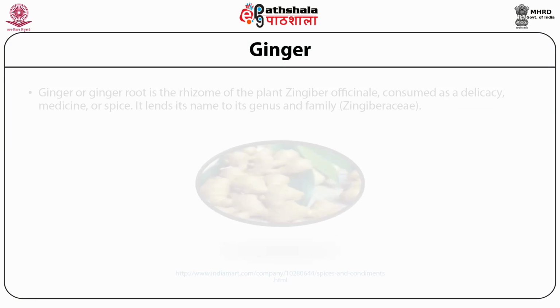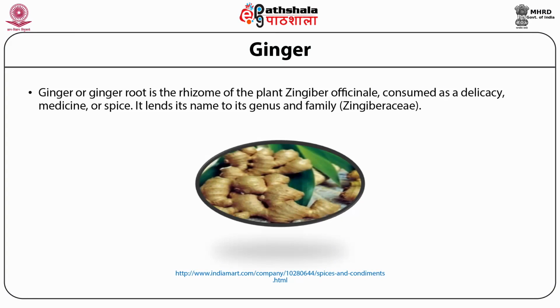Ginger. Ginger or ginger root is a rhizome of the plant Zingiber officinale, consumed as a delicacy, medicine, or spice. It lends its name to its genus and family Zingiberaceae. Young ginger rhizomes are juicy and fleshy with a very mild taste.